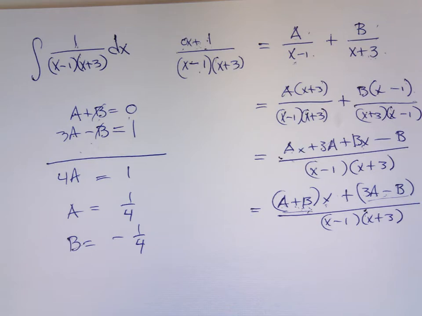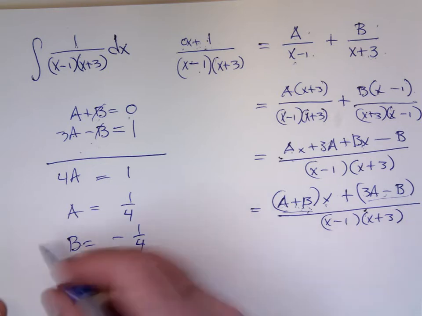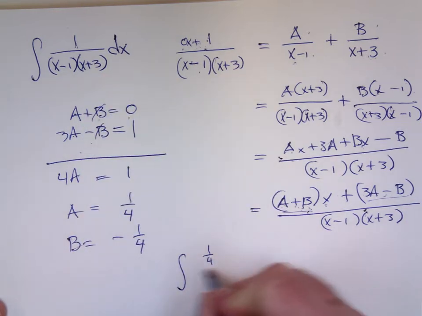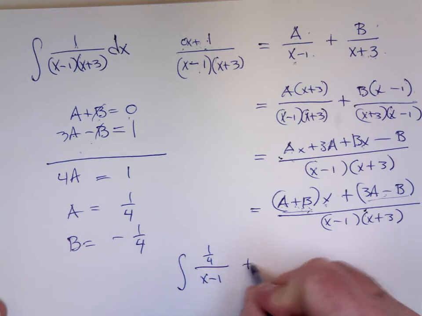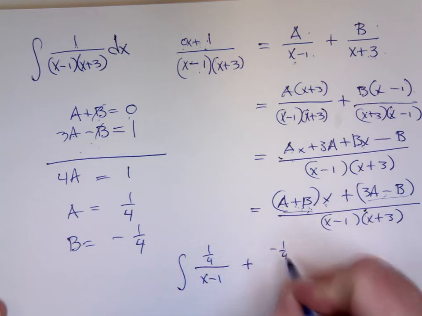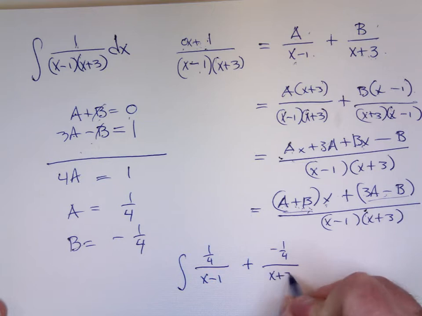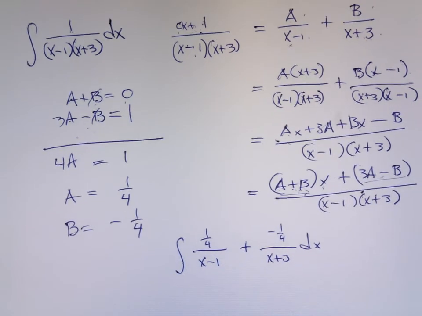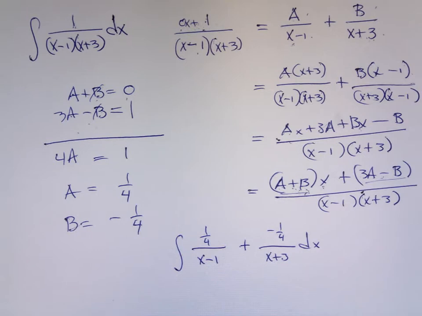Okay. So what do we have? We have this now. This integral becomes this integral, a over x minus 1 plus b over x plus 3 dx. These are two simple integrals. So what do we have here?